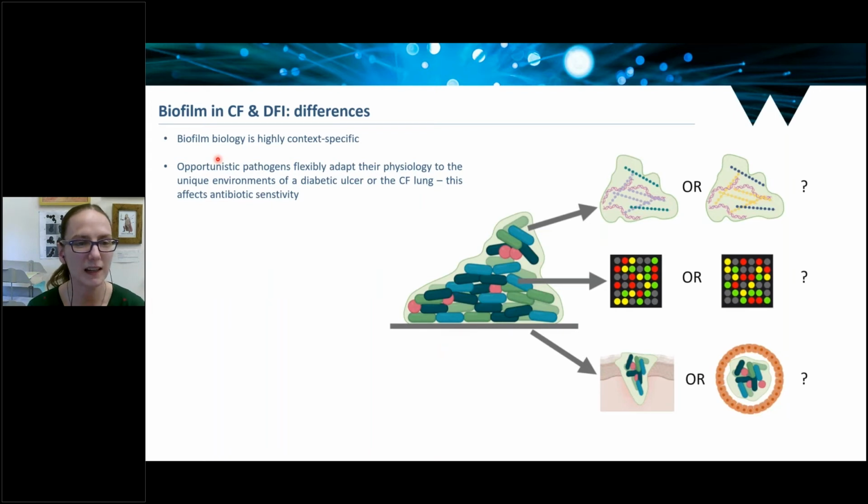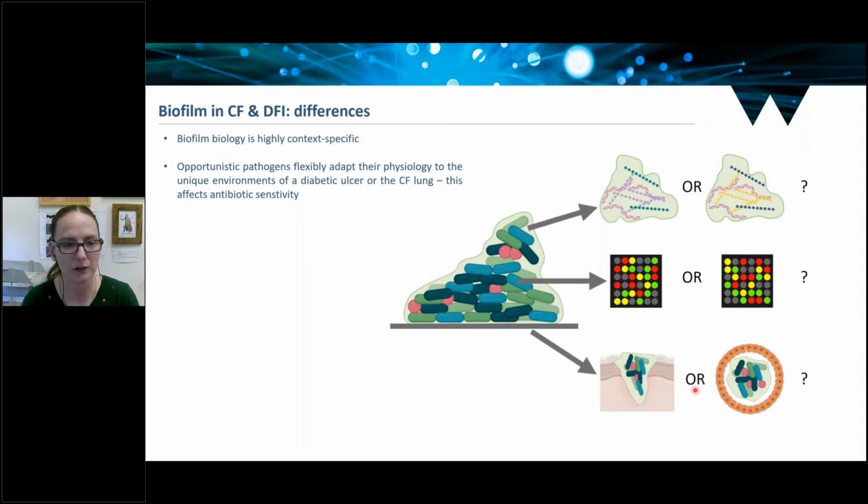So clearly, there's bacteria that are going to find themselves in a cystic fibrosis lung or a diabetic foot. The same bacterium colonizing one of those areas could find very, very different infection contexts, very different environments. And these opportunistic pathogens will flexibly adapt their physiology, their gene expression to the unique environment of a diabetic ulcer or the CF lung.